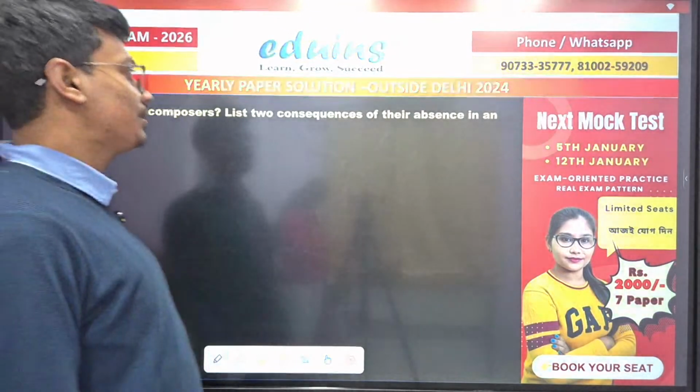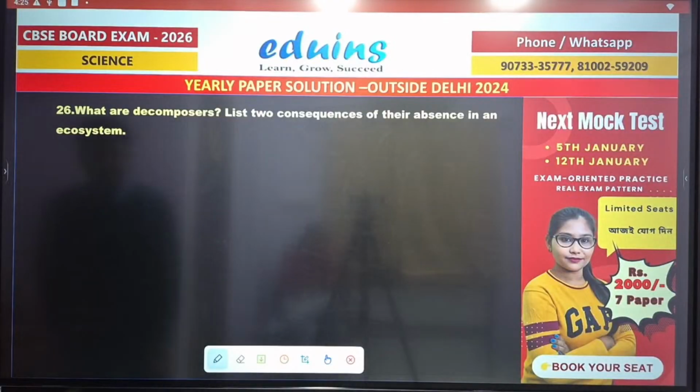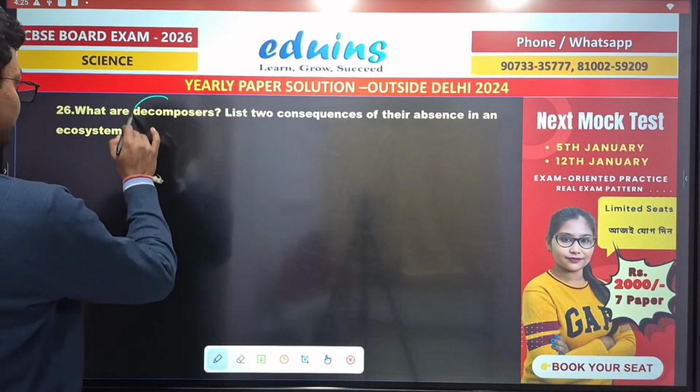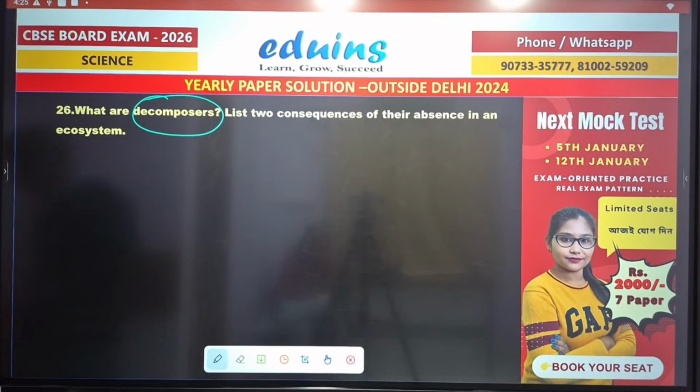List two consequences of their absence in an ecosystem. The first question is, what are decomposers? Anyone from you? Arjun, Bishan, anyone? What are the decomposers?